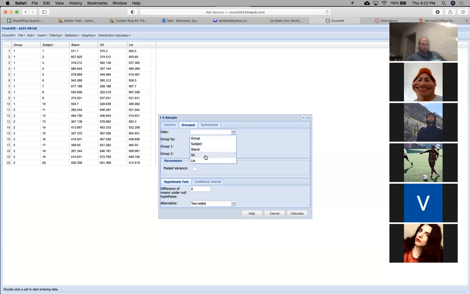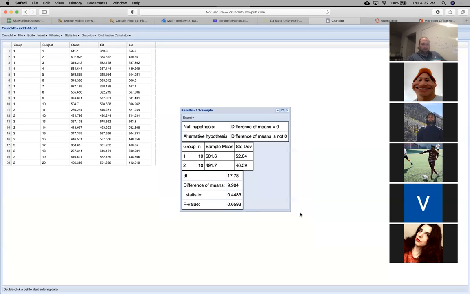The data we're going to use is the lying down data. We're not pooling them because we don't have that information. The null hypothesis says the difference is 0 and the alternative is 2-sided, and we calculate. Does that make sense in terms of how to do it?